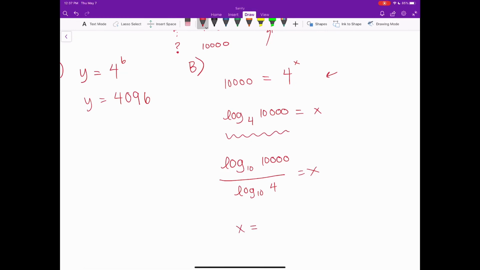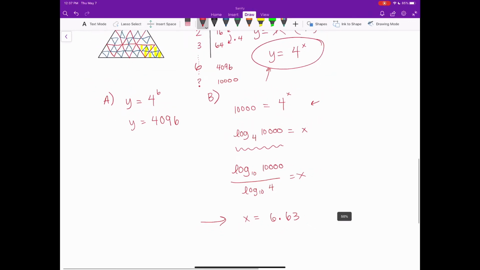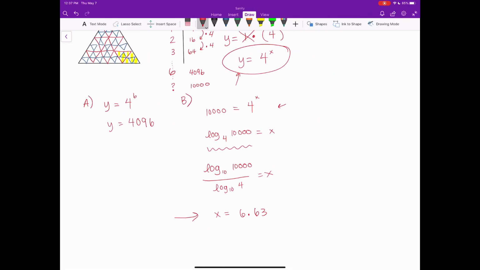I got an x value of 6.63. So I would have to start making these divisions on my triangles 6 times, 6 rounds of dividing all these, right? And then I would get 10,000. And that kind of makes sense here, right? When we did 6, we had 4,000 triangles.